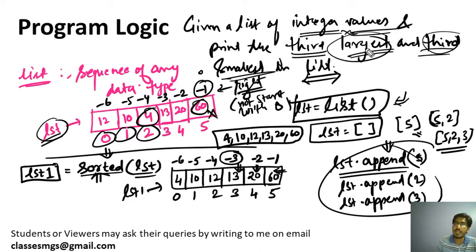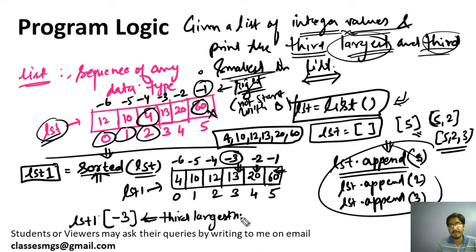This is what we want to calculate, the third largest element. So if you access list1 and pass the negative index -3, it will return you the third largest number.